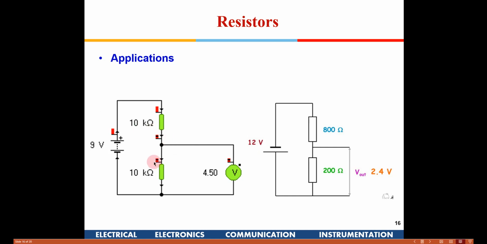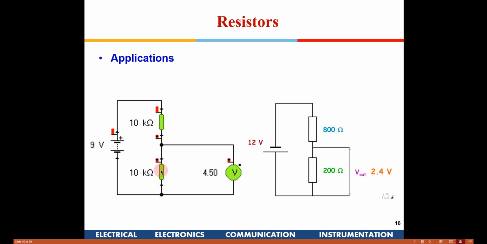Yeah, okay. See, I require a 4.5 volt output voltage. Suppose I have a 9 volt cell, but my circuit requires only 4.5 volts. So I am going to use two resistors in series and take the tapping from in between to obtain this 4.5 volts.